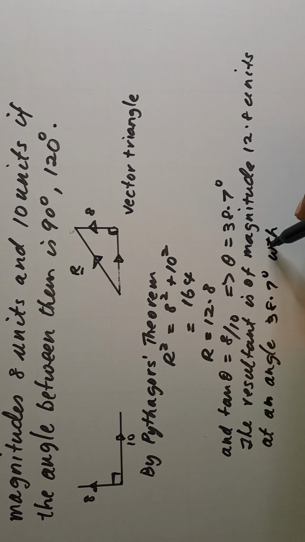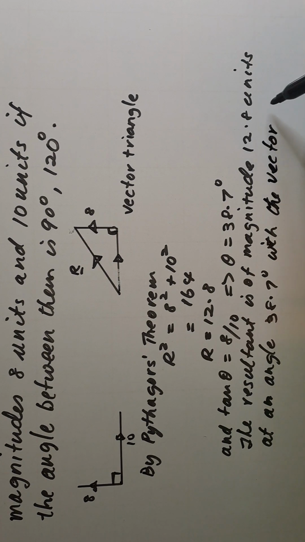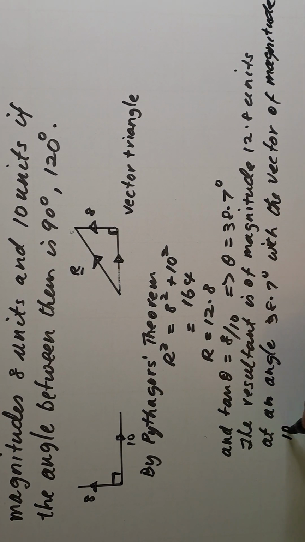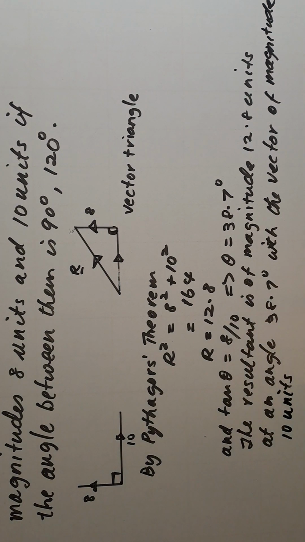We must state with which vector? With the vector of magnitude 10 units. So this is a case of two perpendicular vectors. We apply Pythagoras' theorem to find the resultant.